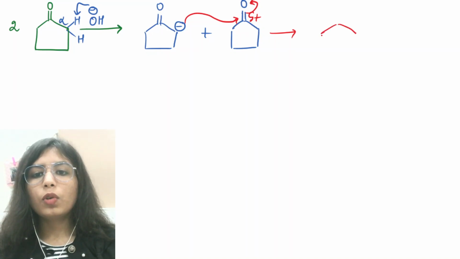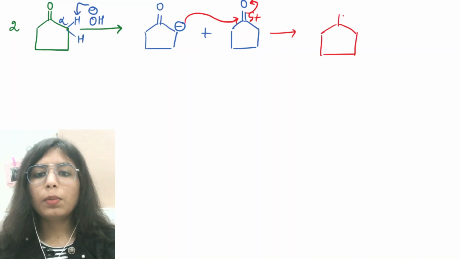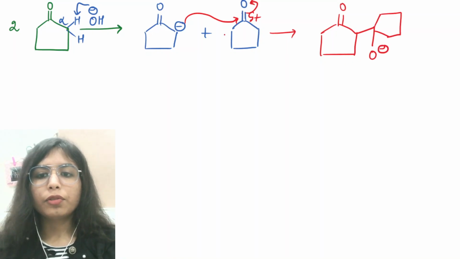So in the next step, this is double bond O, this position is getting attached to this position which looks like this, and this becomes your O negative, right?